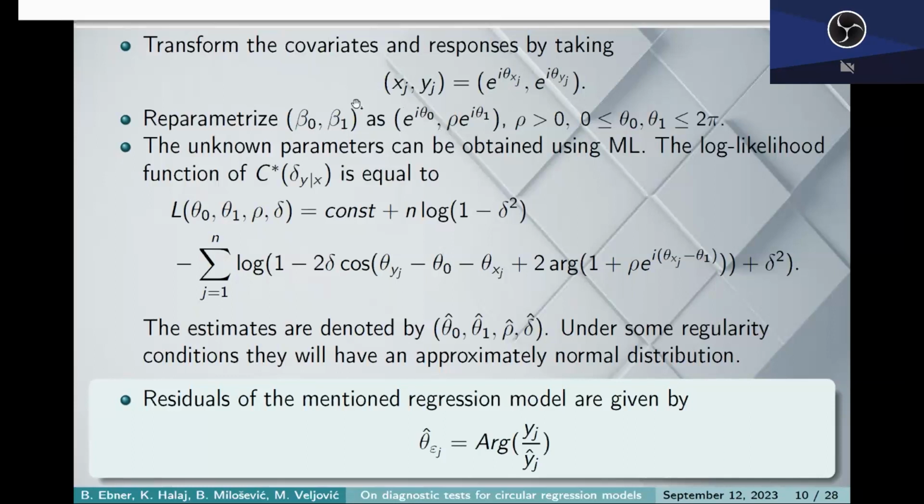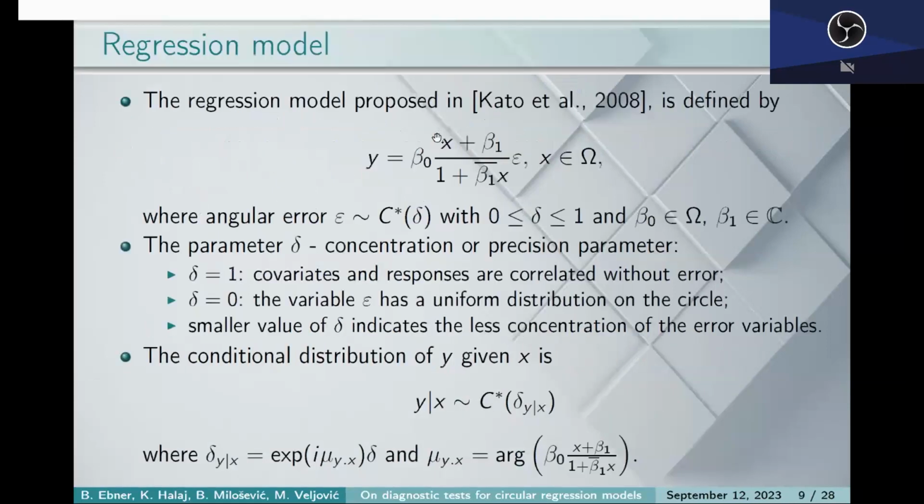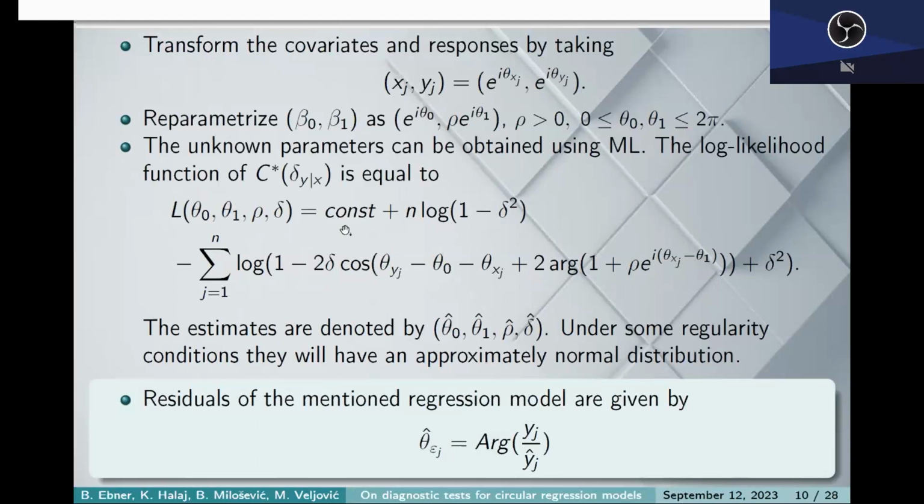Rho is the modulus of beta 1, and the fourth unknown parameter is delta, which is the parameter from the distribution of angular errors. To give the estimates for these parameters, we maximize the log likelihood function, whose expression is given on this slide. And under standard regularity conditions, these estimates have an approximately normal distribution.